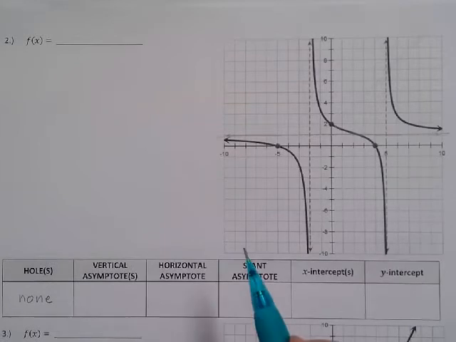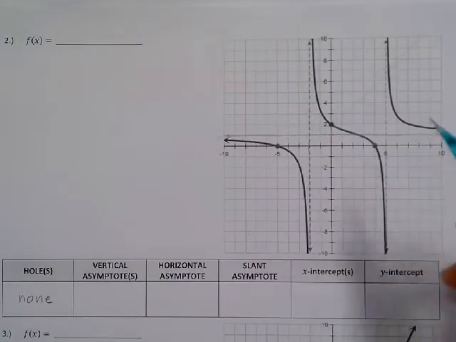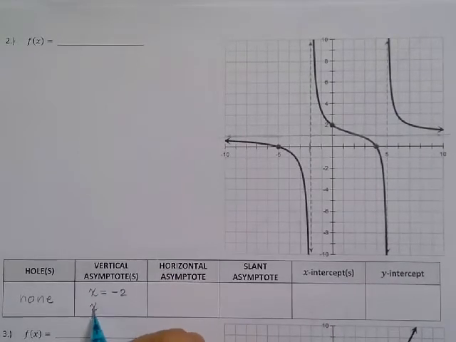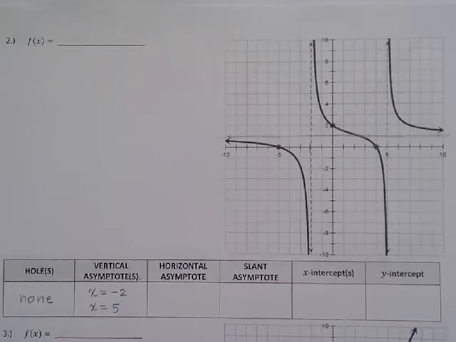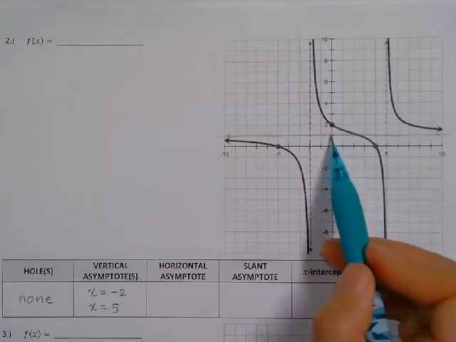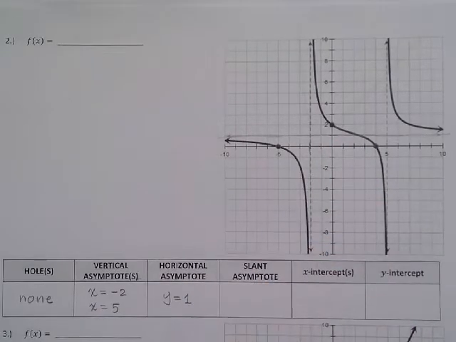But I do have vertical asymptotes at -2 and 5. So I will write x equals -2 and x equals +5. I do notice there are 2 vertical asymptotes. Horizontal asymptote is the same, where y equals 1.